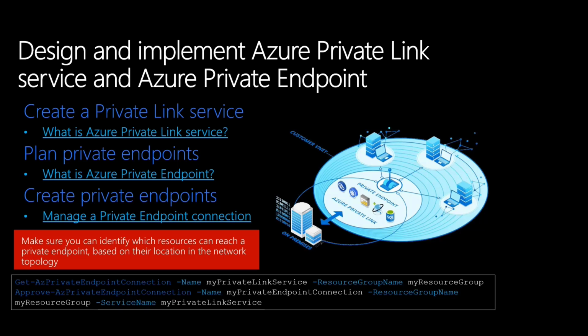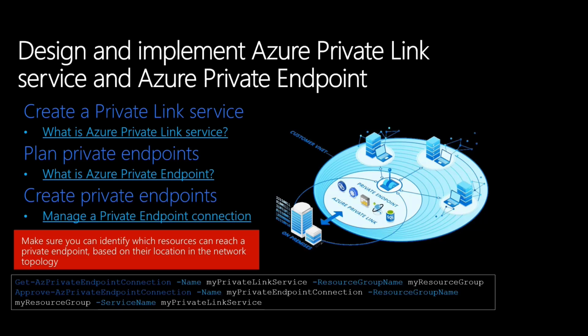So in other words, private endpoint is the network interface that replaces the resource's public-facing endpoint. So Private Link provides secure access to Azure services by replacing a resource's public endpoint with a private network interface. And private endpoint uses a private IP address from the virtual network to bring that service into the virtual network.